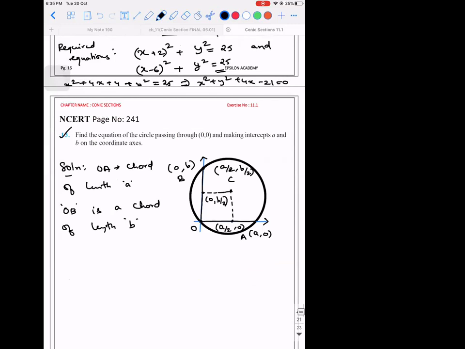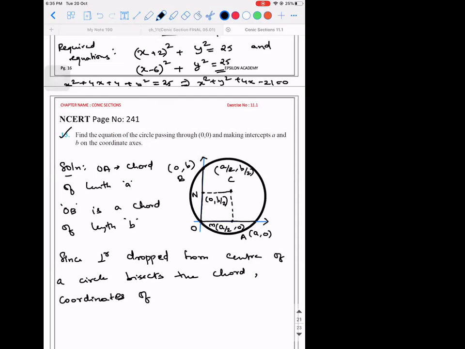Is there any doubt? Since the perpendicular dropped from the center of a circle bisects the chord, the coordinates of M and N are a by 2 comma 0 and 0 comma b by 2 respectively.